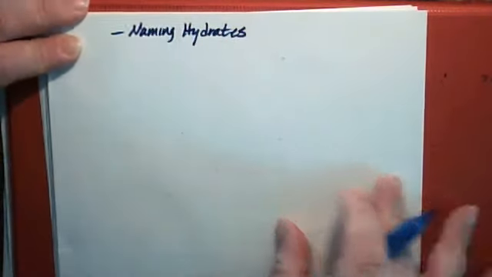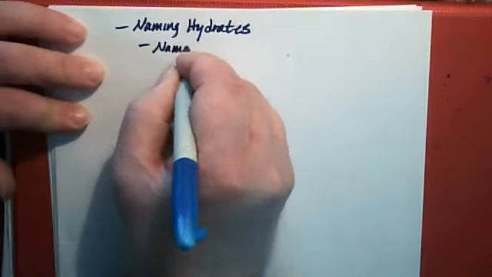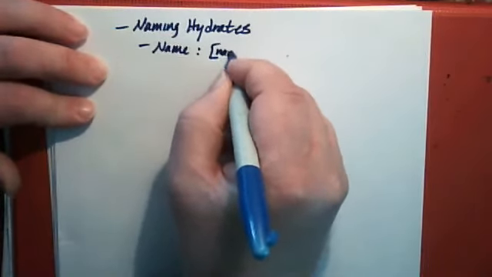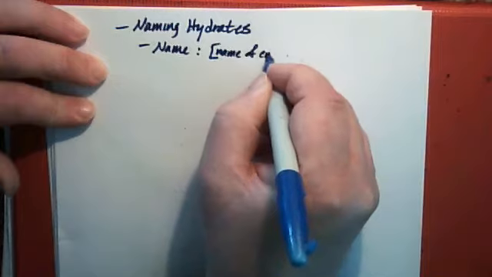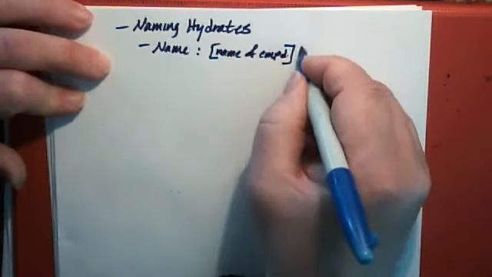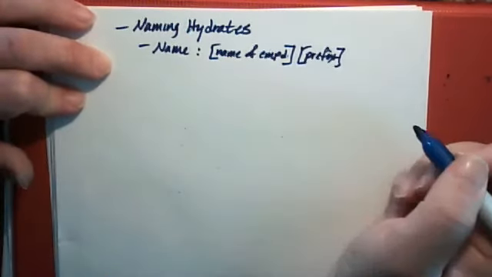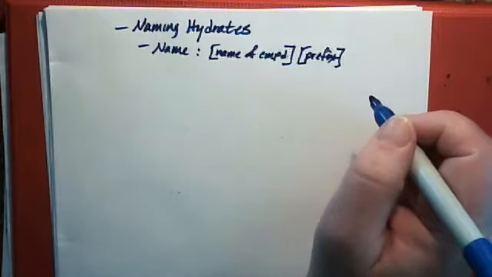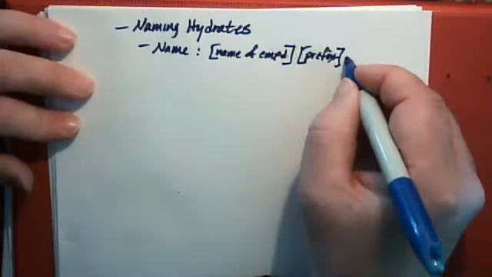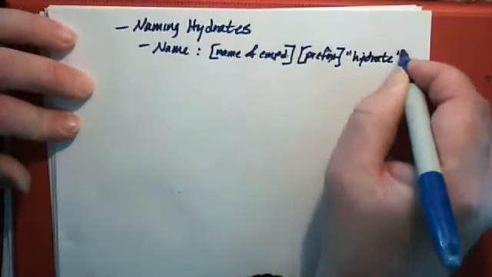So naming hydrates or hydrated ionic compounds, if you prefer to call them that, the name takes the form of the name of the compound, then the prefix telling how many water molecules there are associated with each formula unit of the compound, and then the word hydrate.